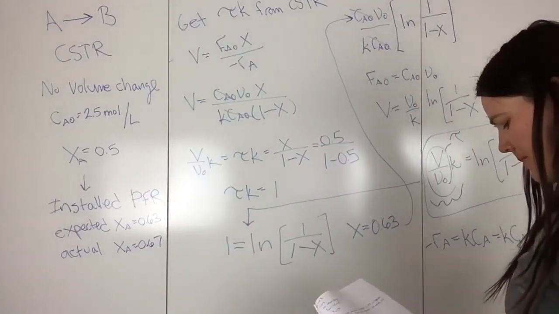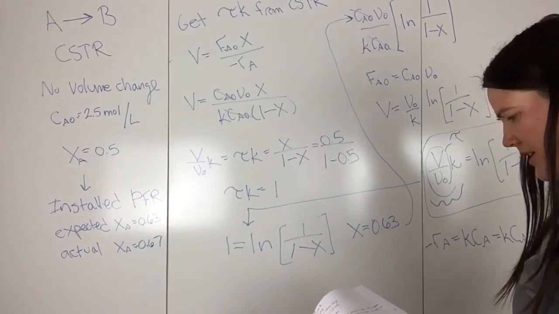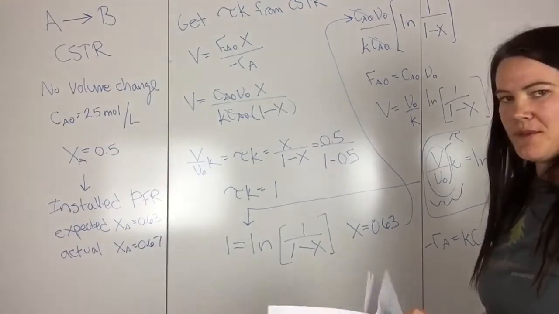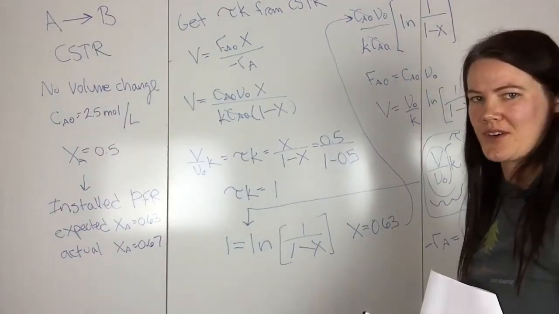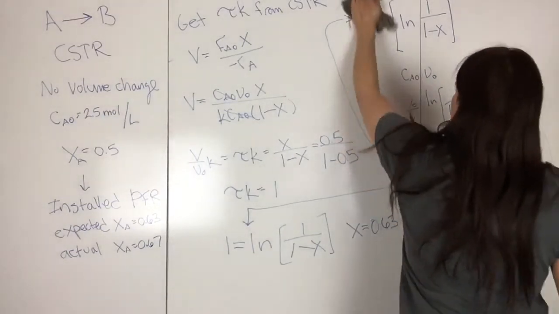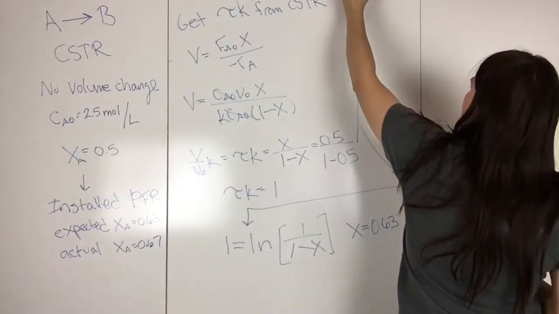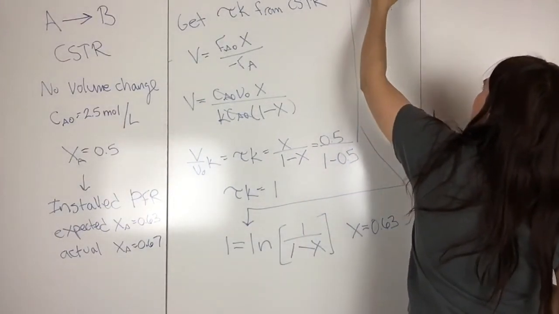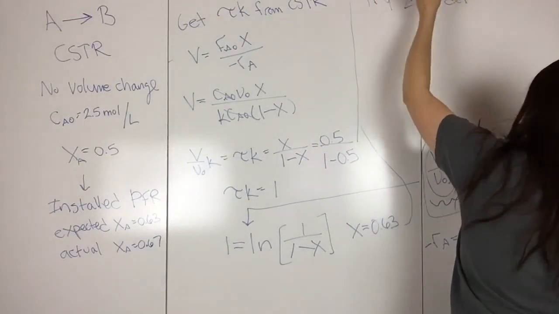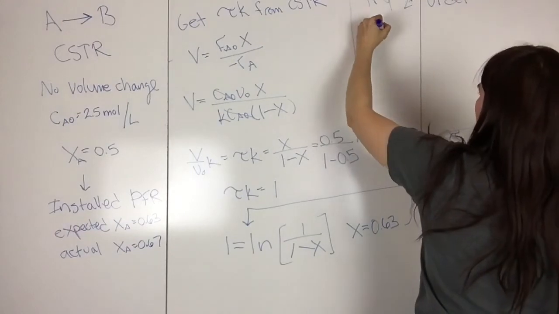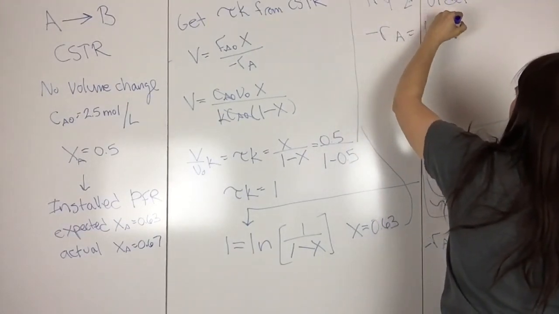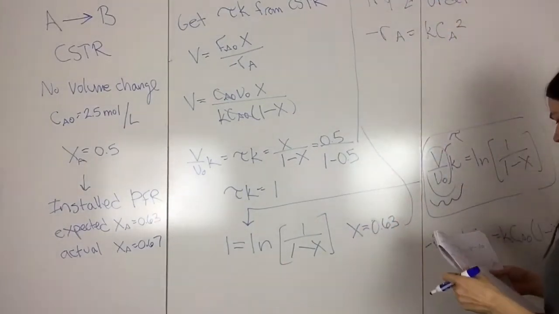So based on that we can say, okay, well, maybe we assumed it was first order, so maybe it wasn't first order, maybe it's second order. So let's try a second order rate law real quick. Writing a second order rate law, we get minus RA is equal to K CA squared.